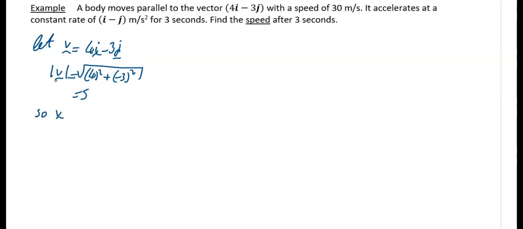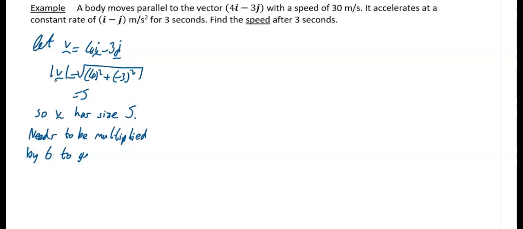So our v has size 5. Okay, so it needs to be multiplied by 6 to get size 30.